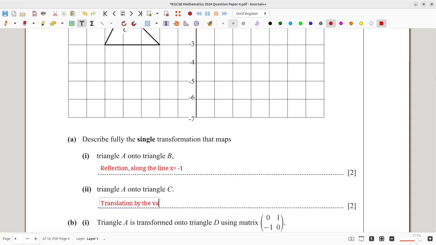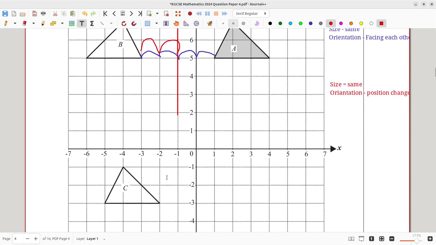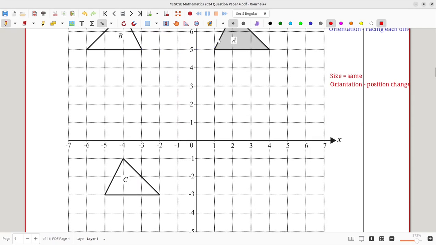by the vector. What's the translation vector? Let's identify corresponding points. This point corresponds to this one here. And then you can tell that this is how many units? 1, 2, 3, 4, 5, 6 units to the left.